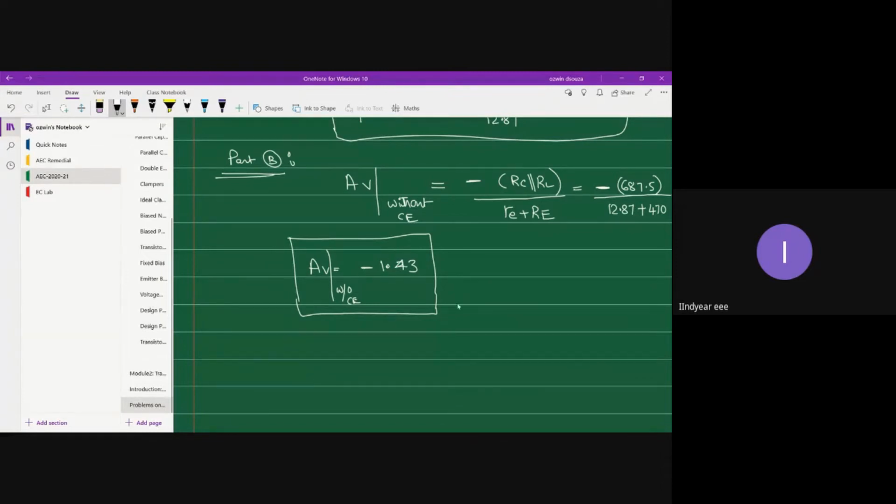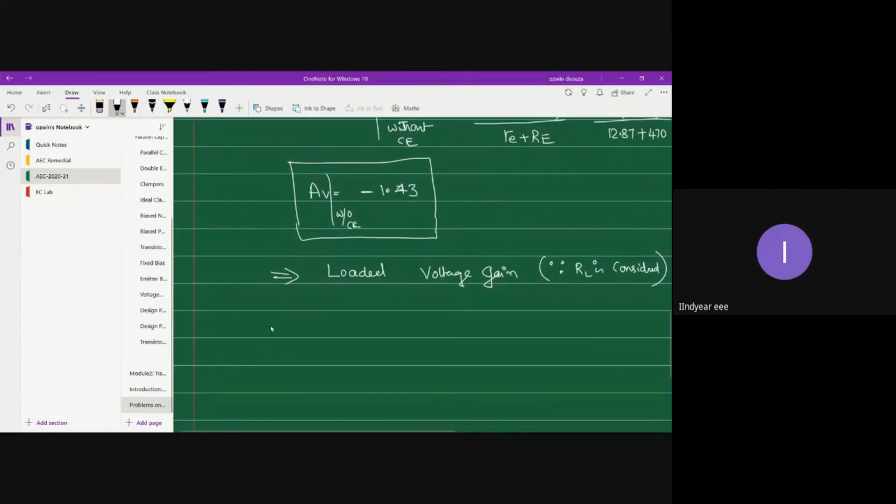Now, whatever voltage gain we have calculated, is it the no load voltage gain or the loaded voltage gain? Can anyone tell me? This is called the loaded voltage gain, because RL is considered. You are studying transformers, right?